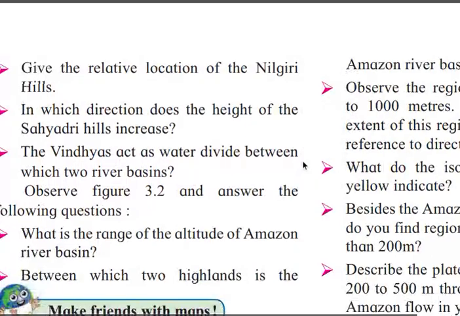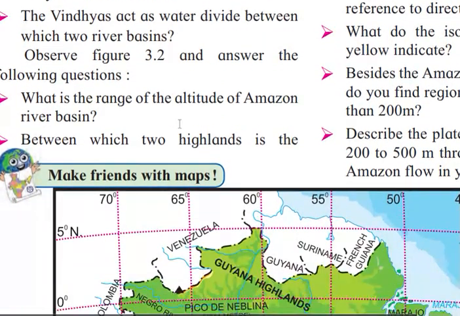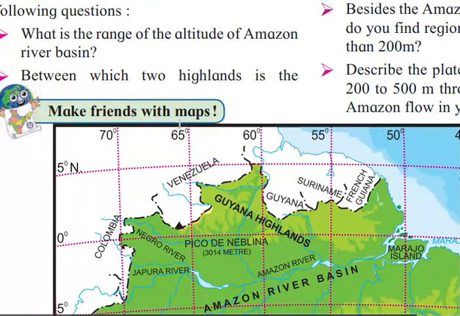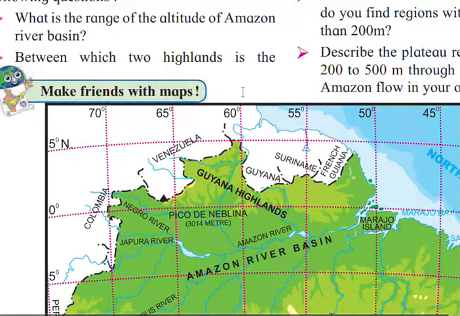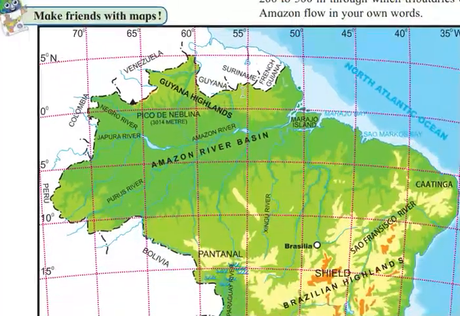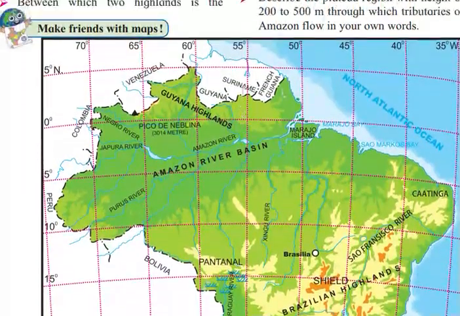Give the relative location of Nilgiri, and in which direction the height of the Sahyadri hills. What is the range of altitude of the Amazon river basin?